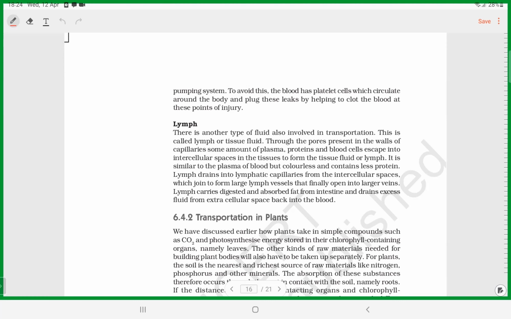Basically in the blood there is a protein called what? Fibrinogen. What is the protein clotting factor which is present in the blood? Fibrinogen. This should be converted into fibrin. Fibrinogen is in inactive form. It should be converted into fibrin. This process is a cascade. Cascade means what?